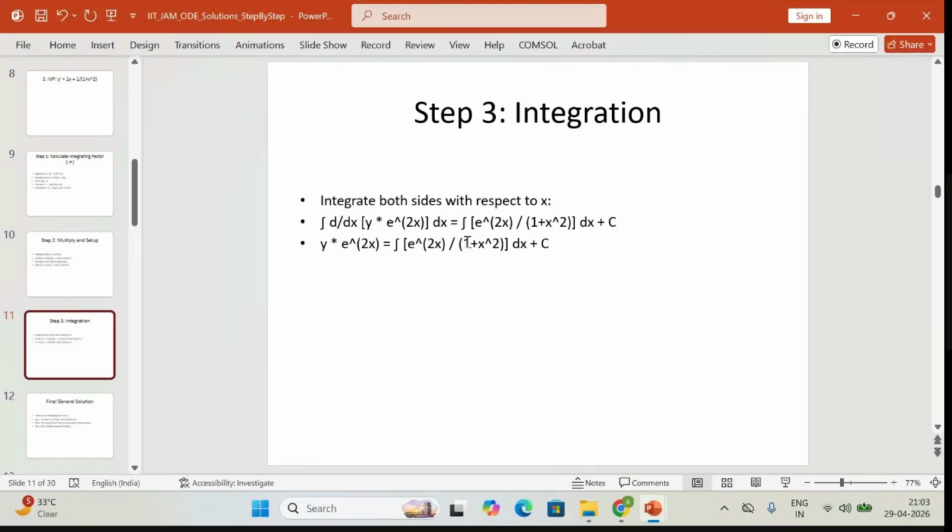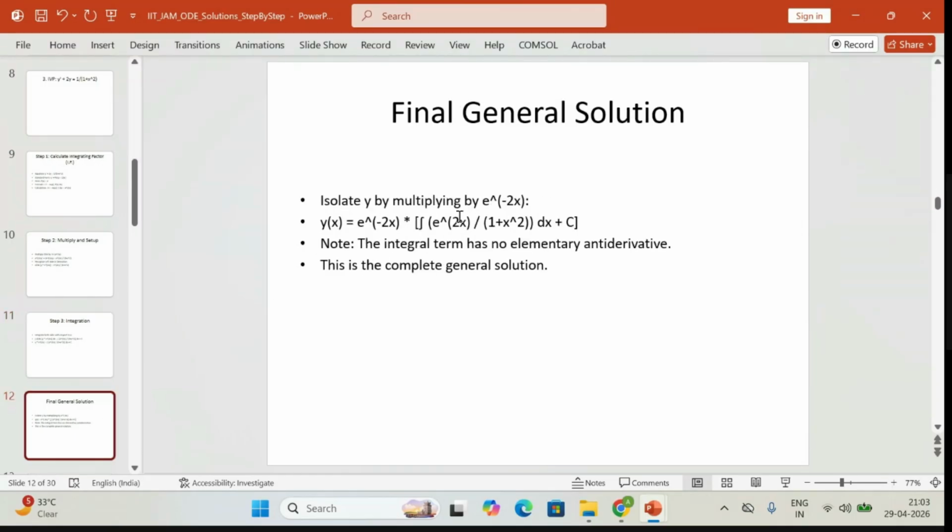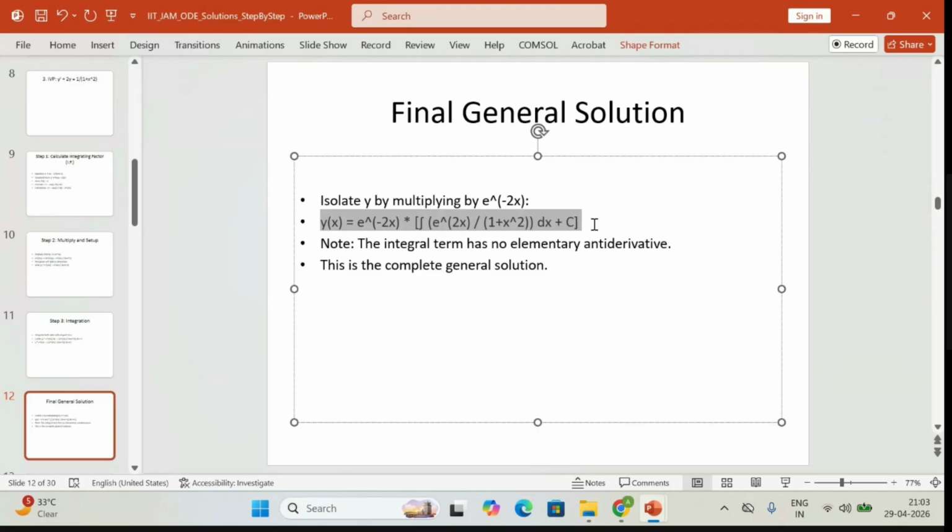This e to the power 2x by 1 plus x square cannot be integrated. So it will remain like this, and the integral term has no elementary antiderivative. This is the complete general solution. I will copy this solution and put it in the chat box.